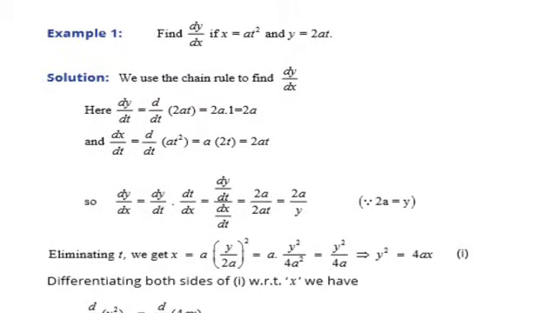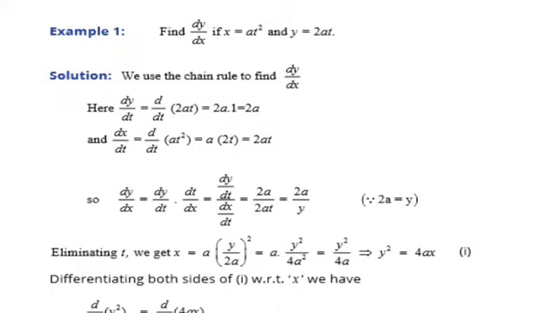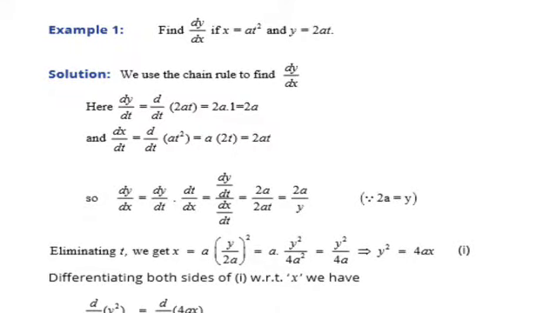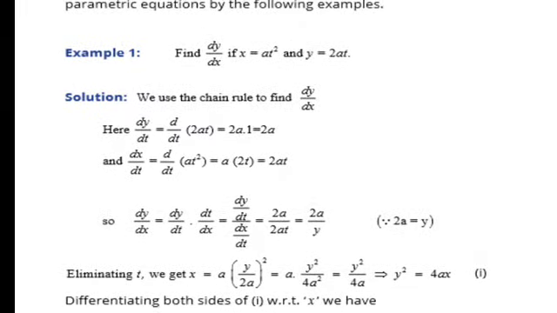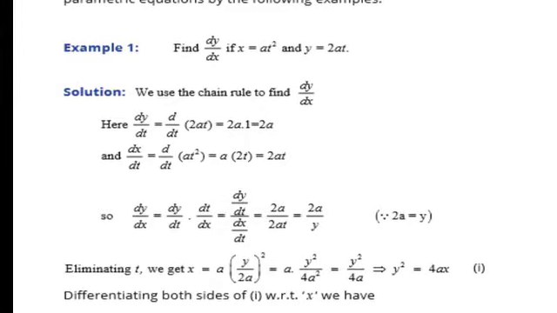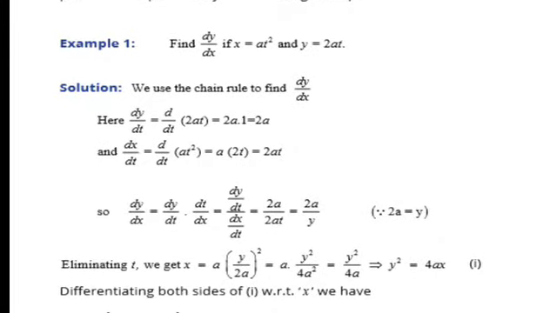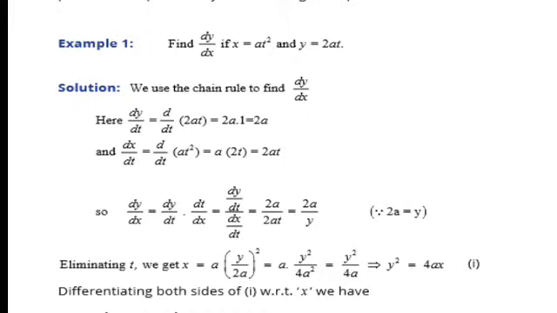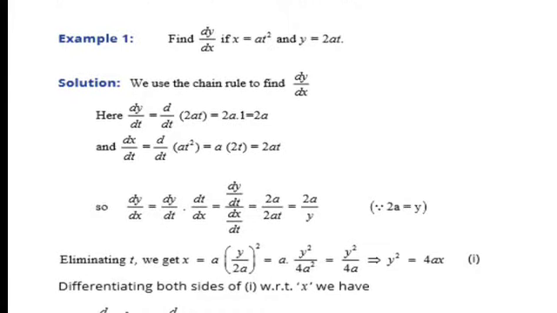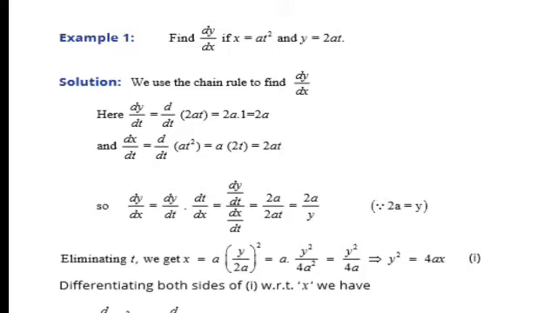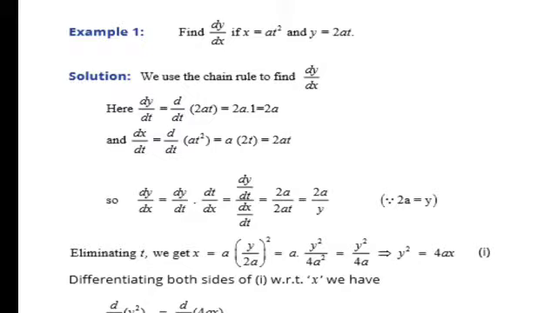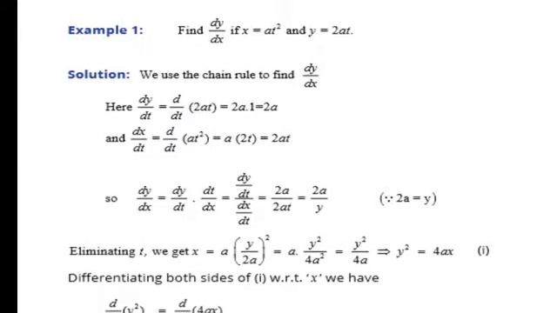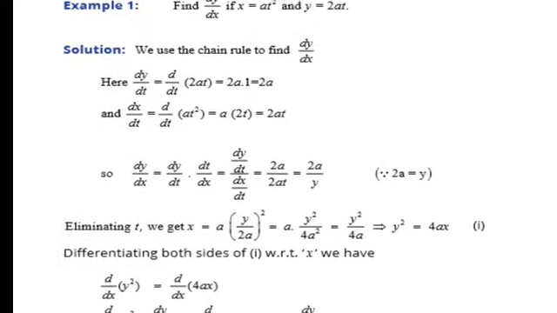When we differentiate both equations with the same variable, then the chain rule is like this. We divide these values, whereas in the previous case we differentiated both equations with different variables, so we multiplied these values. But here we have the same variable, so we divide these values. Because here we differentiate both equations with respect to t, in the chain rule we divide these values.